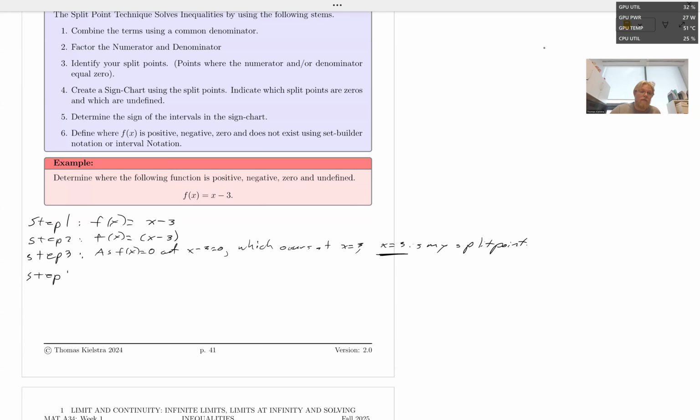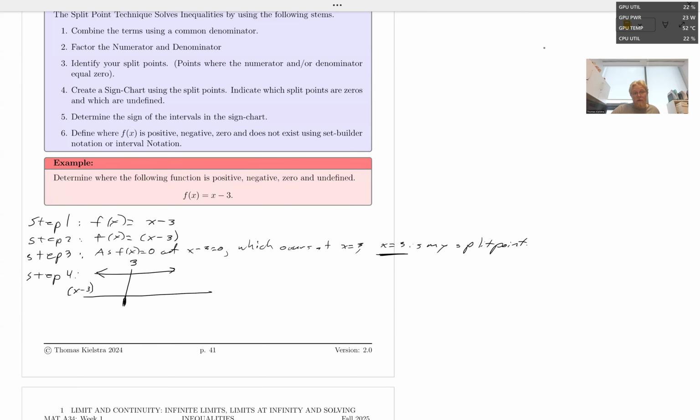Step 4. I'm going to create my sign chart. My sign chart is about my split points. So 3 is one of the breaks in the sign chart. There's no other breaks. But now I'm creating a sign chart for the function. So what I'm going to do is look at each of these roots individually: x minus 3. Now to complete the sign chart, I'm going to look at the right end behavior of this expression.